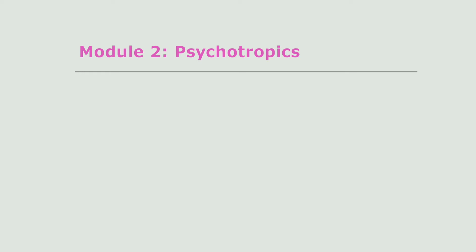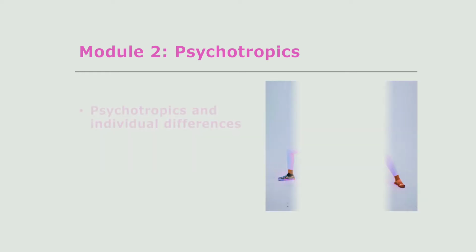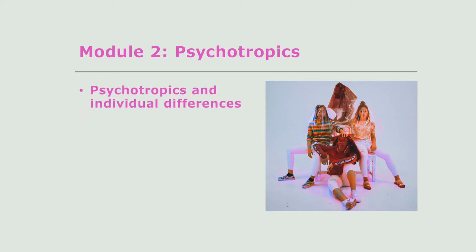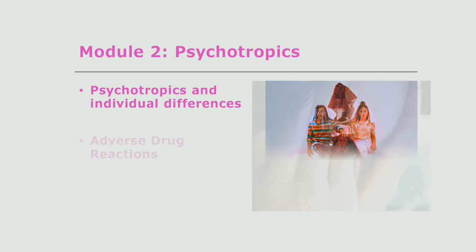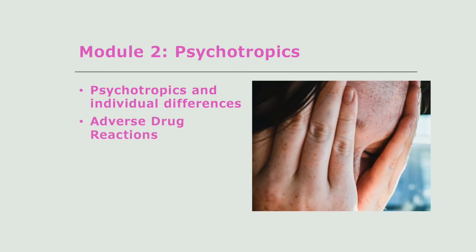Like the first module, the second module comprises two major units. The first unit is about psychotropics and the individual differences. The second unit focuses on doing no harm by making sure that we, the prescribing psychologists, understand the potential adverse drug reactions that could manifest.